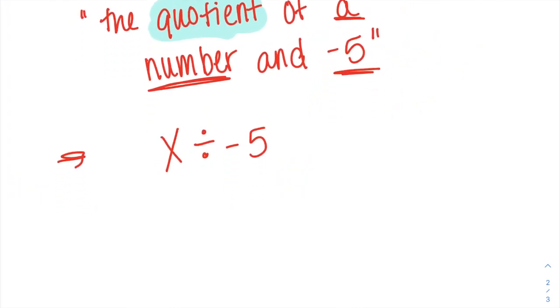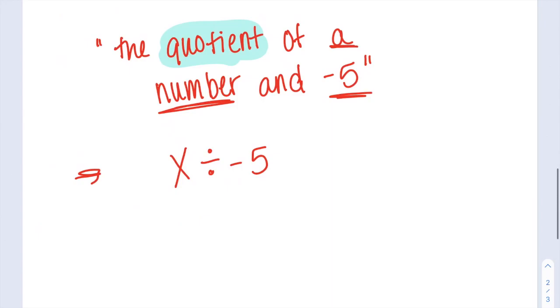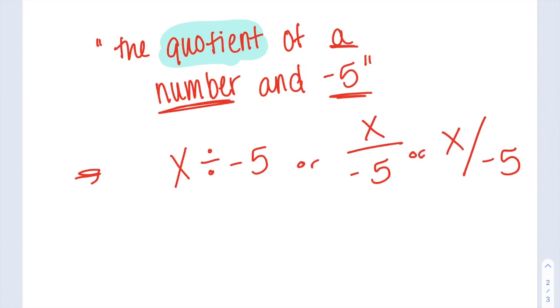This is x divided by -5, a quotient of a number, a variable, and -5. Another way you could have written it was as a fraction, like that. Fractions are also division. You might have also seen it like this. Those are just alternative ways of writing a quotient.